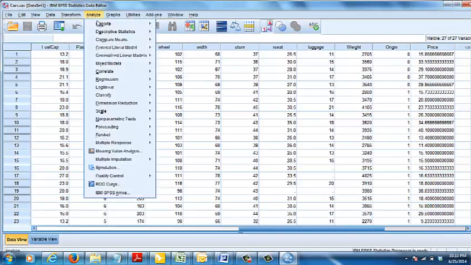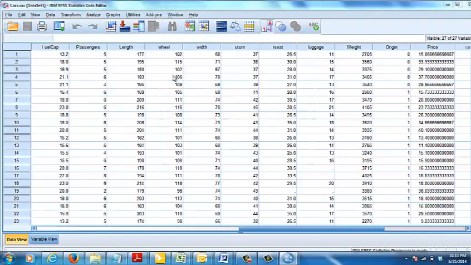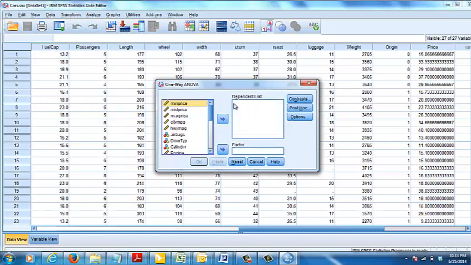So I'm going to rerun ANOVA in this case. My dependent variable is going to be price. So I want to know, is there a difference in price? And my factor is actually going to be cylinder. So I want to know, is there a difference between 4, 8, and 6 cylinders?